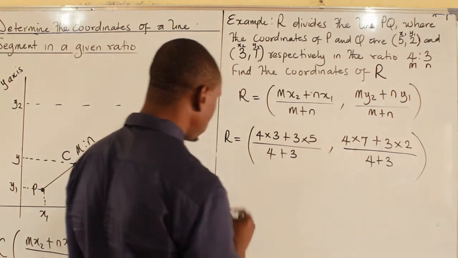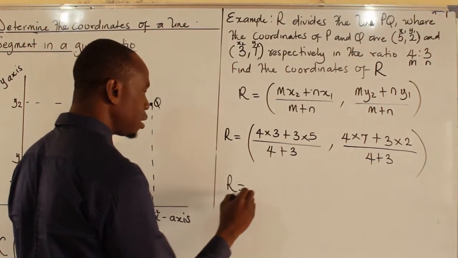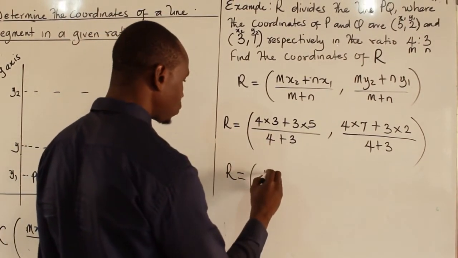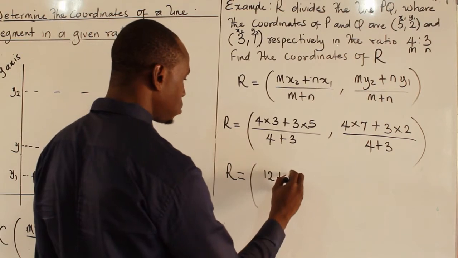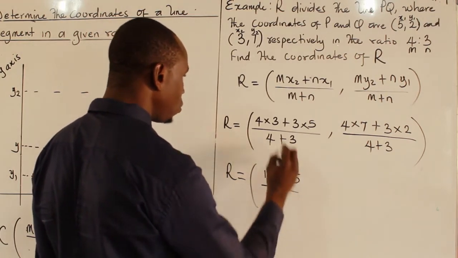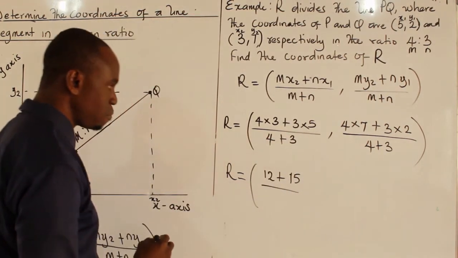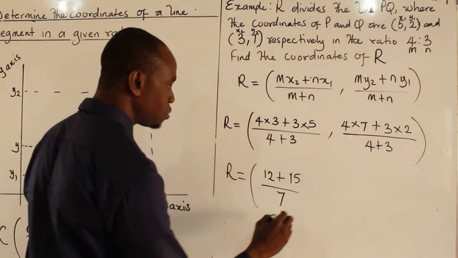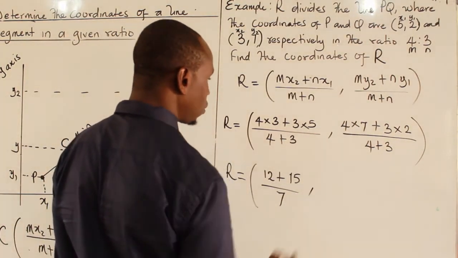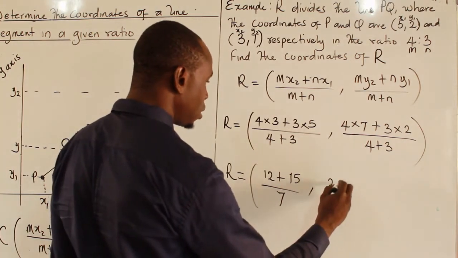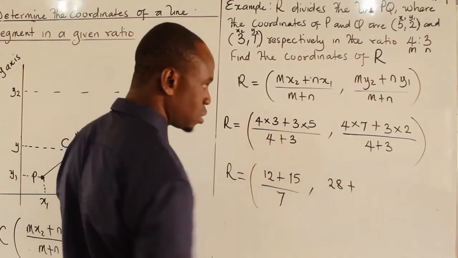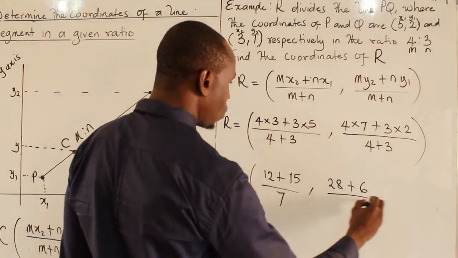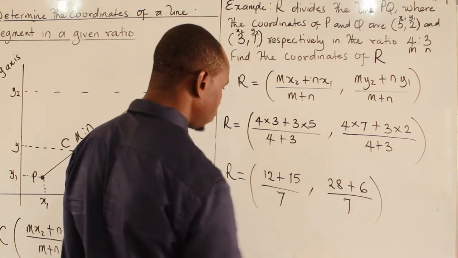Then we have the common bracket. And R is 4 times 3 is 12, plus 3 times 5 is 15. We followed BODMAS where multiplication came first. 4 plus 3 is 7, comma, 4 times 7 on this part is 28, plus 3 times 2 is 6, all over 7.